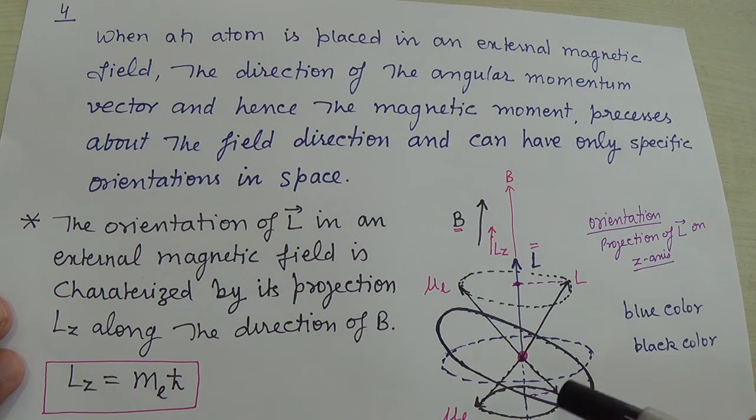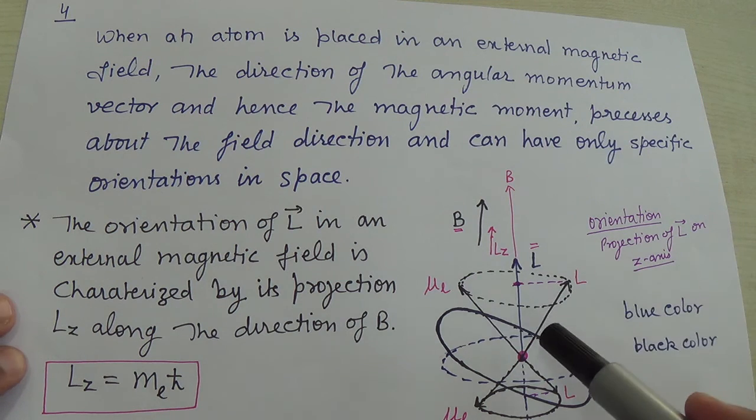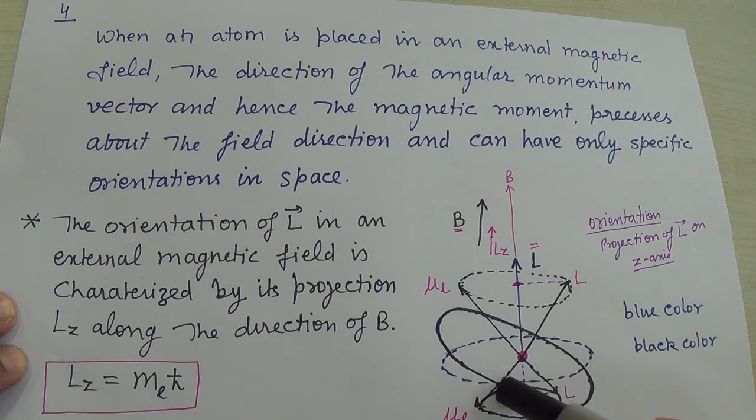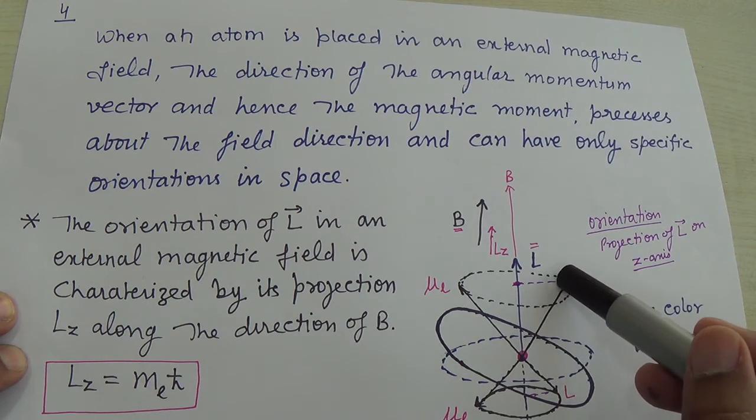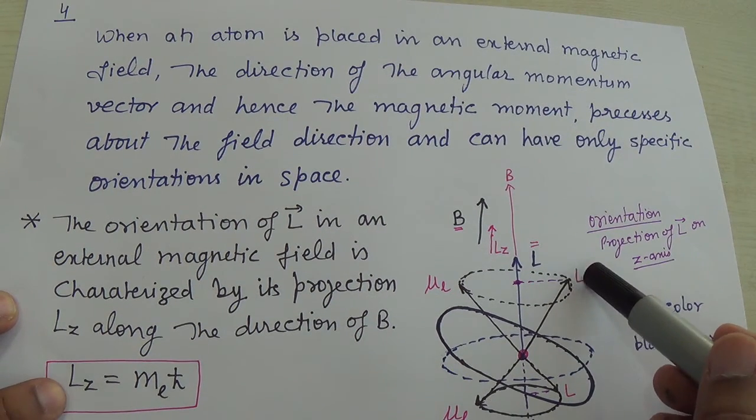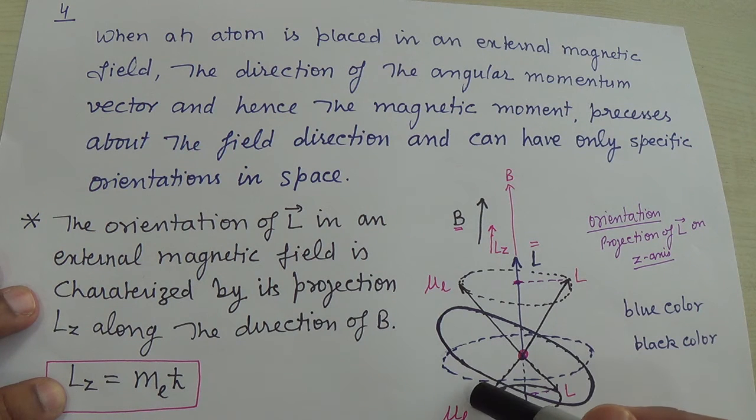What does it mean? This is the original, the first one. Suppose this is the orbit of the electron, so the orbital angular momentum will be this one, L, and opposite to it will be mu L.